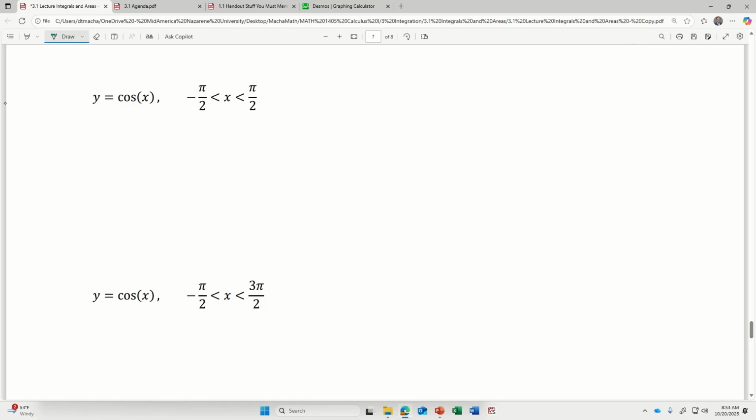We've got the function cosine of x, and I want to know what's the total area between the cosine curve and my x-axis on the interval from negative pi over 2 to positive pi over 2. So I'm going to set up my integral.